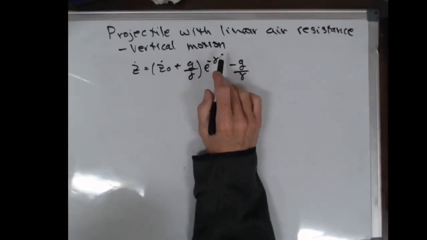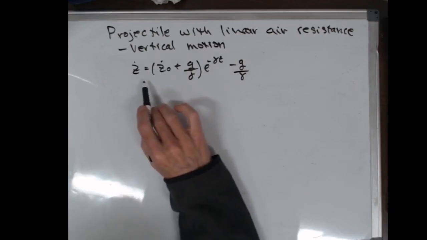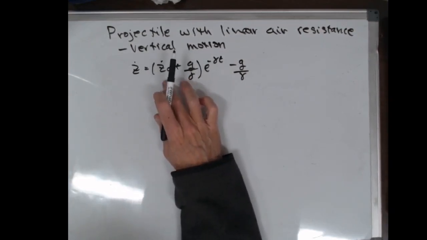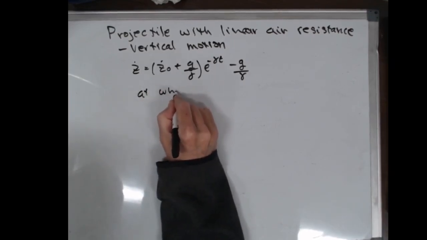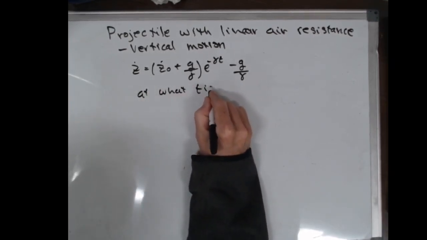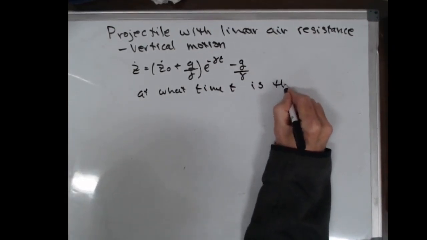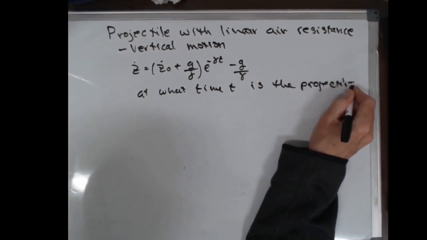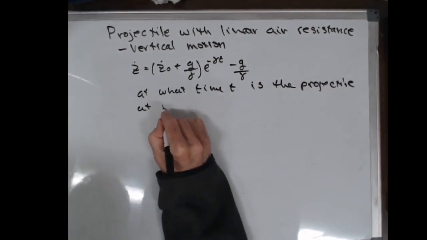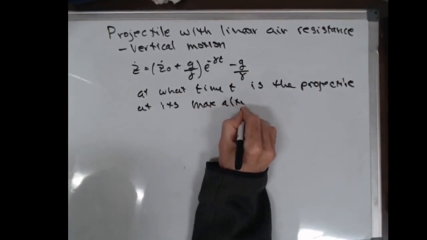So we can look at a few examples. This is projectile motion with linear air resistance. This is the vertical motion. We've already derived this equation for the velocity. And so we can say, at what time t is the projectile at its maximum altitude?